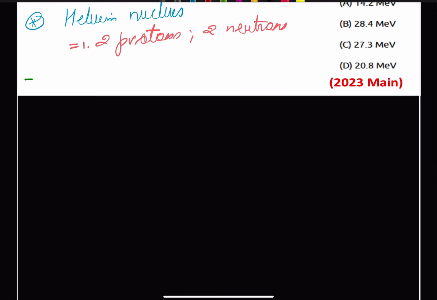Therefore we can say that our total mass will be equal to 2 multiplied by the mass of 1 proton plus 2 multiplied by the mass of 1 neutron.